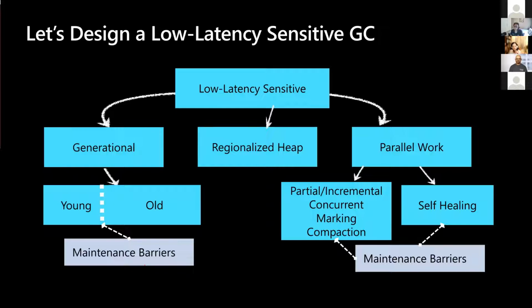And of course, because of the self-healing nature, remember, you cannot touch certain spaces, and you can touch the other spaces, the good area and the bad area. So you can go to the good area, and those need all maintenance barriers. So this is where ZGC is headed.